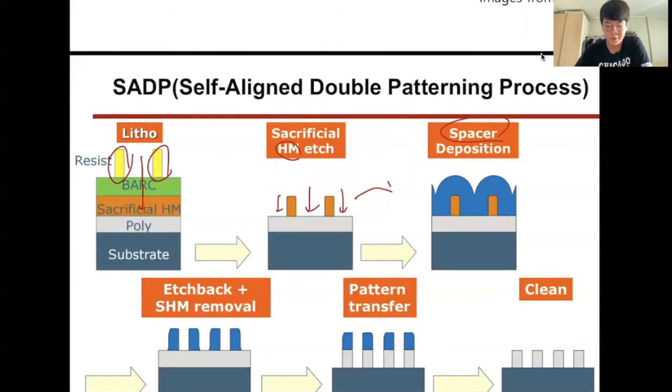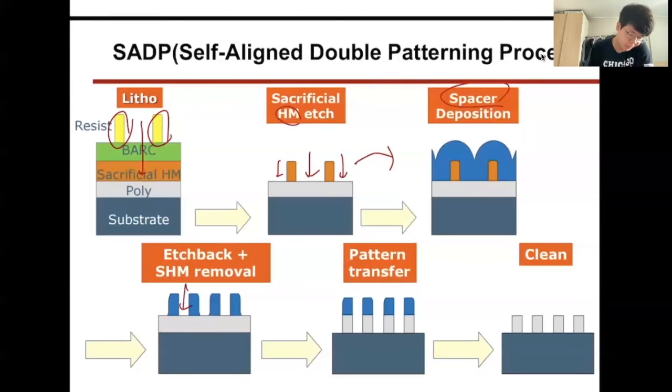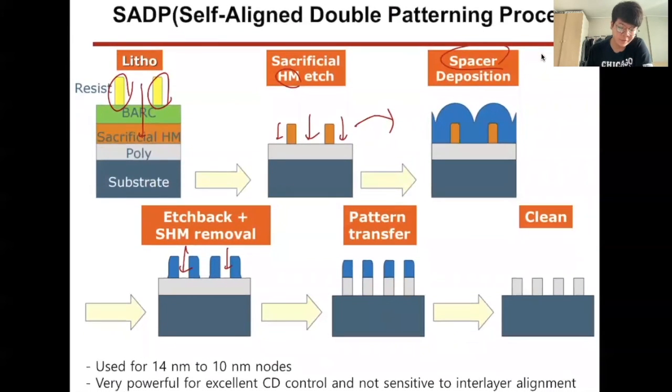After that, we deposit the spacers by CVD, and then we remove the sacrificial hard mask, and then we etch through the wafers, so we make these similar microscale patterns like fins.